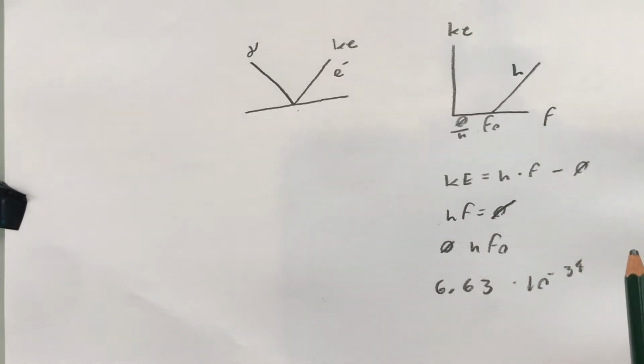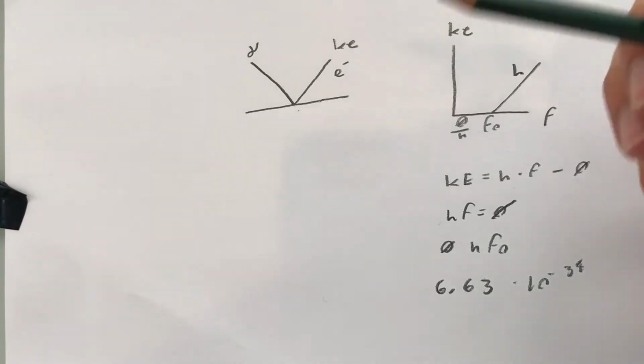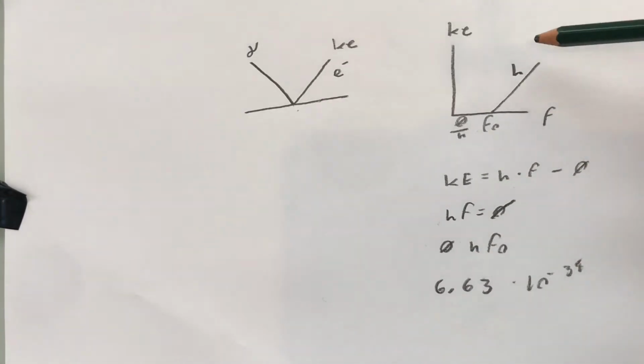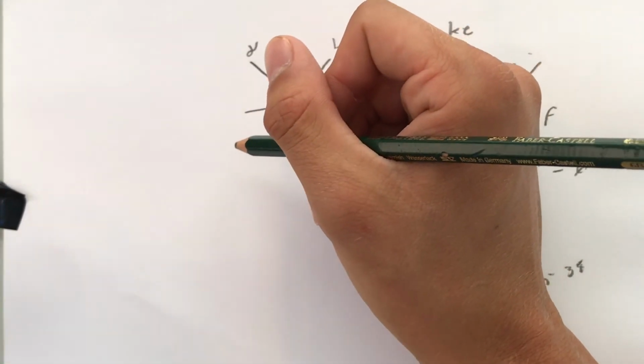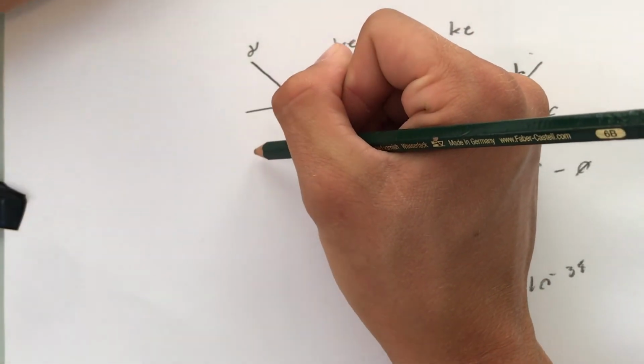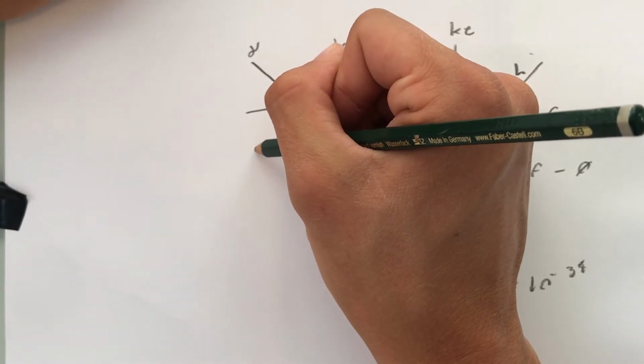So this is slightly weird, right? How can just beams of light give kinetic energy to an electron? Well, it was described by Einstein as light comes in chunks of Planck's constant.